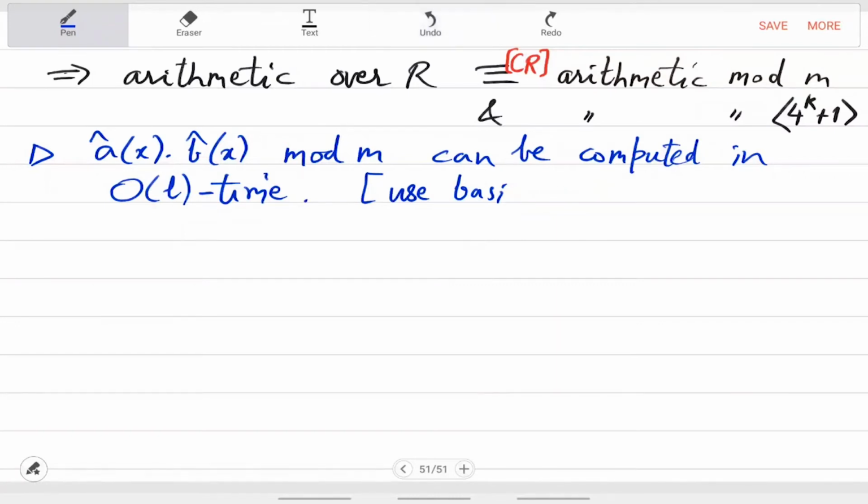Just use basic algorithms. Okay, so mod m computation is easy. Is this clear? That you can do it in order L time. So this is far less than what we are willing to afford. We are willing to afford L times log L times log L. So in that sense, this is really free.